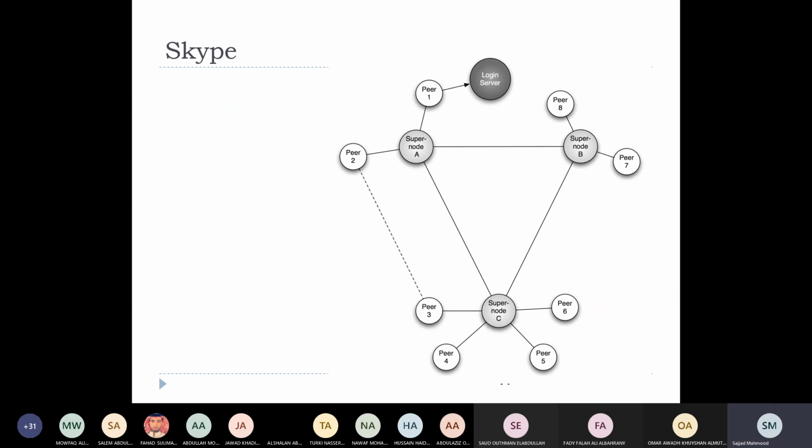This is the original Skype architecture, by the way, when Skype was developed by the Swedish company. When Microsoft purchased Skype a few years ago, in the beginning they kept this architecture style, but eventually they changed it to their own proprietary one as well, right?